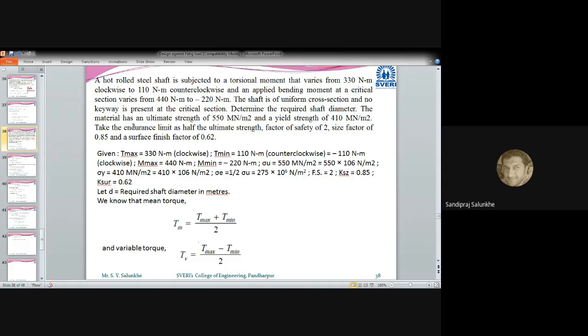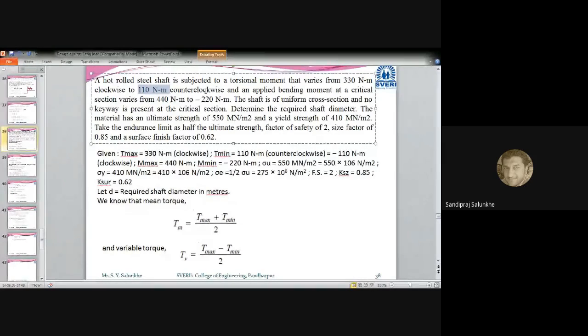Okay, here in the problem, the manufacturing process has been given as rolling, and the torque which is applied is plus and minus type of nature, that is clockwise and anti-clockwise. We'll say clockwise as positive and anti-clockwise as negative. That's why this 330 Newton meter is the positive one, and this 110 is the negative one.